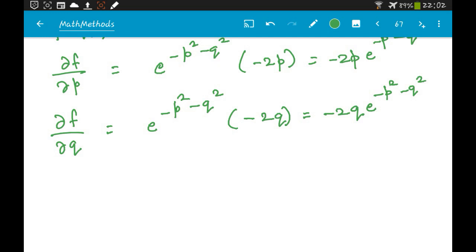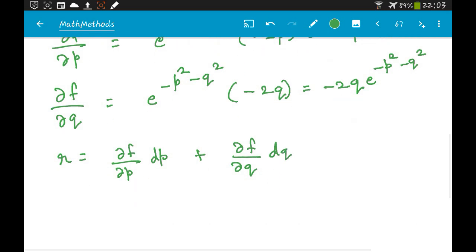So what we need is dr/ds. Let's first write down r. So r was ∂f/∂p into dp plus ∂f/∂q into dq.